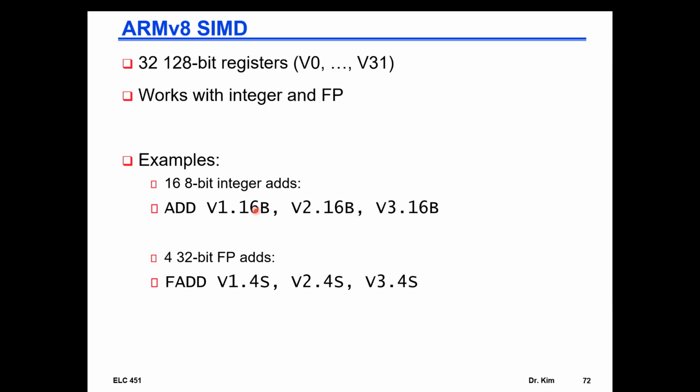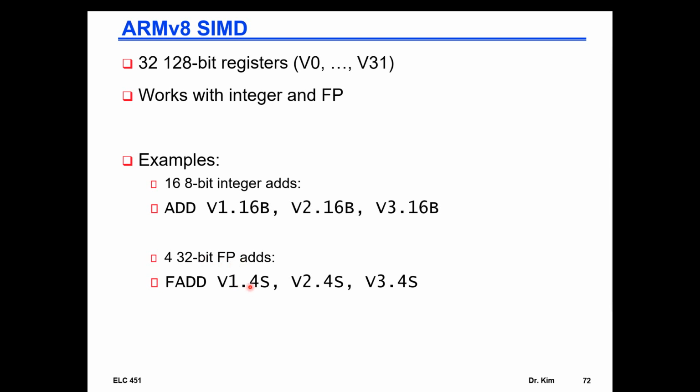A 128 bits also can fit 4 32-bit, or single precision, floating point values. So you can do 4 floating point additions at the same time in a vector manner.